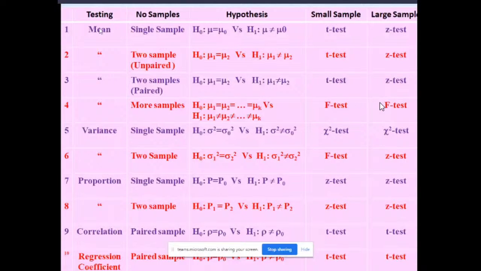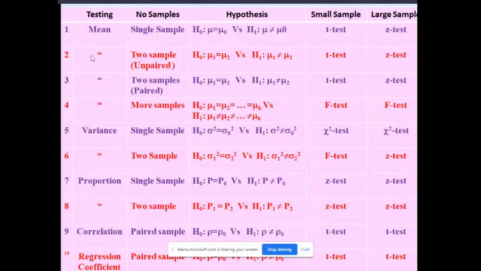Now suppose I want to test more than two samples, whether the means are equal or not. That is H naught: the several means are equal. In that case, we are going to use the F test, which is nothing but analysis of variance. So analysis of variance is used if we have more than two groups and we want to know whether all group means are equal or not.